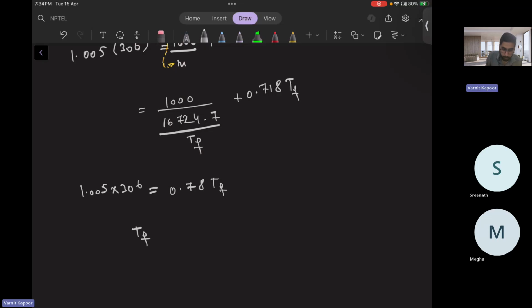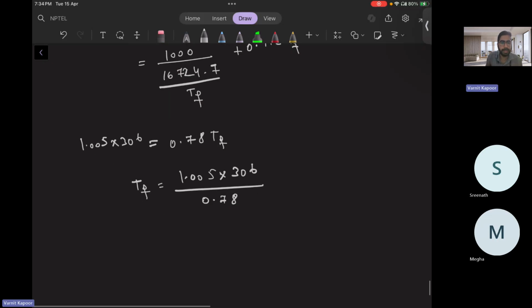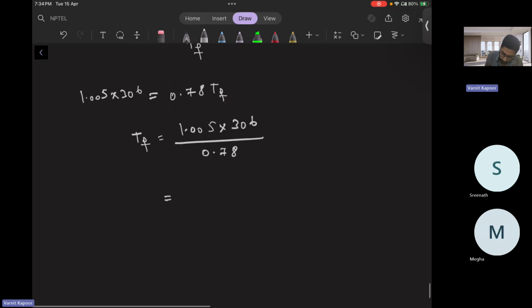So TF comes out to be 1.005 into 306 by 0.78. So this is near about 395 Kelvin. This is your answer. It's the simple steady flow energy equation concept you have to use to solve this. Next question.